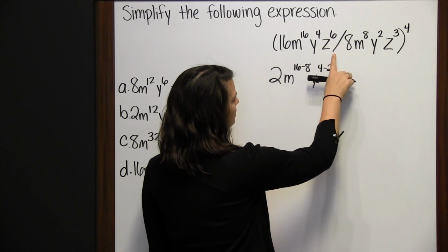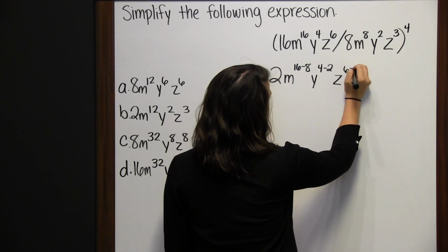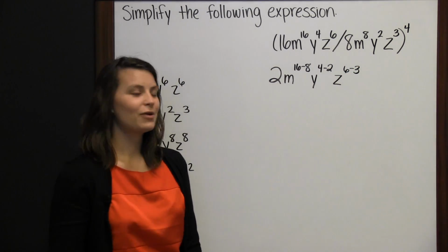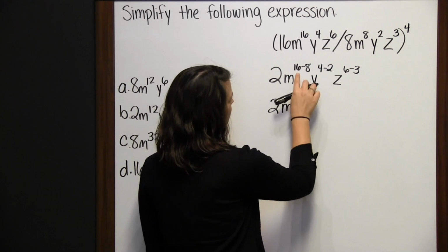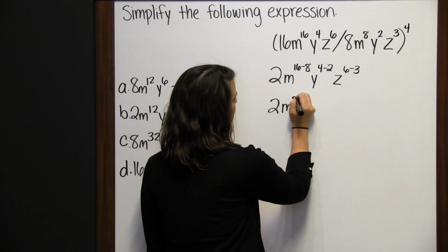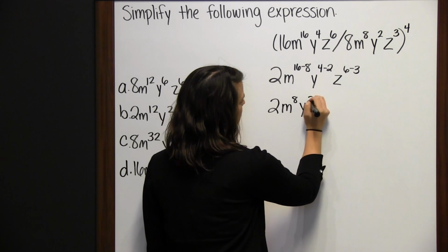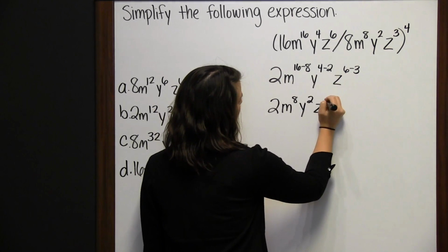And z to the 6th divided by z cubed is z to the 6 minus 3. Now we need to simplify our exponents. So we have 2m to the 8, y to the 2, and z to the 3.